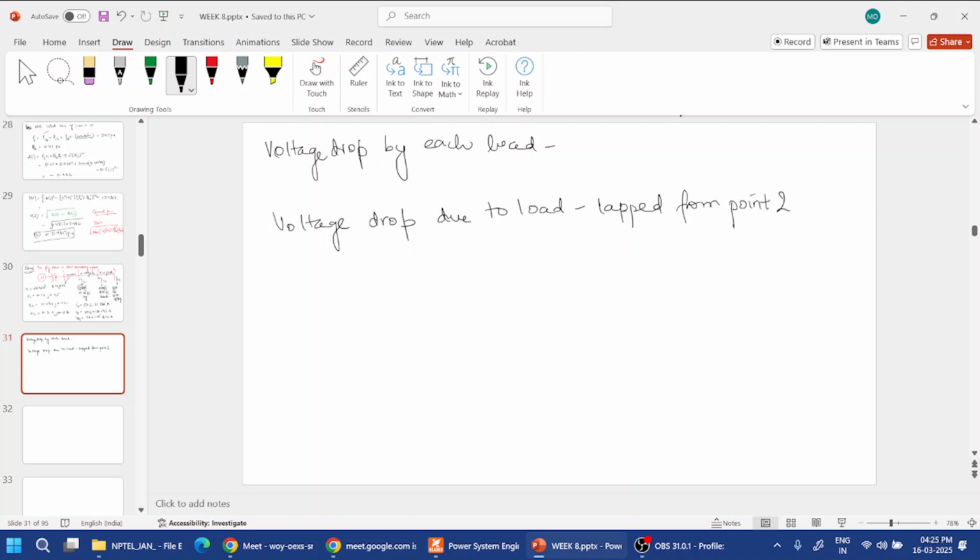It is equal to 50 into (0.10 plus 0.85 plus 0.05) into 0.527. What we have done here is multiply I into Z. If we calculate this, it comes out to be 5.5675 volt.